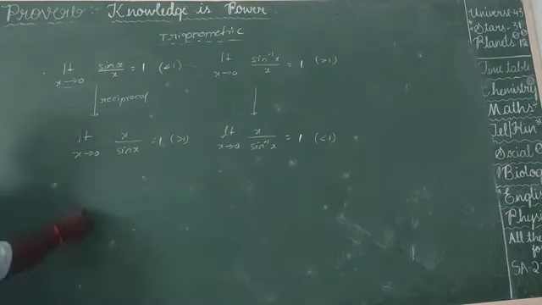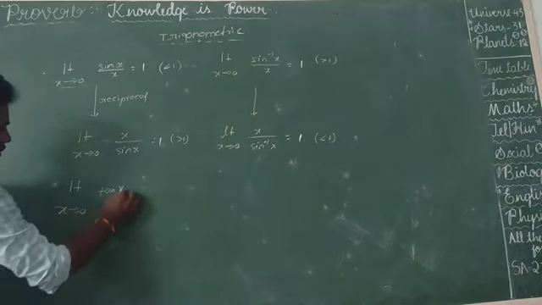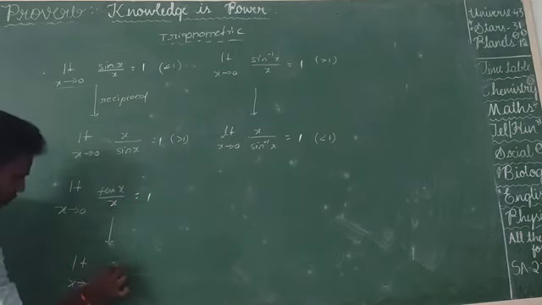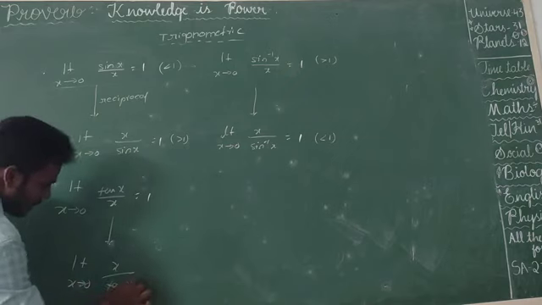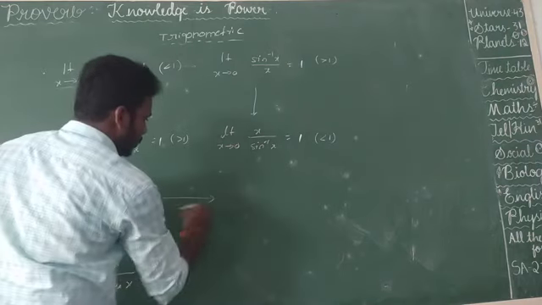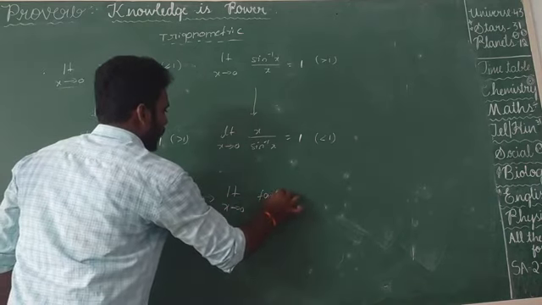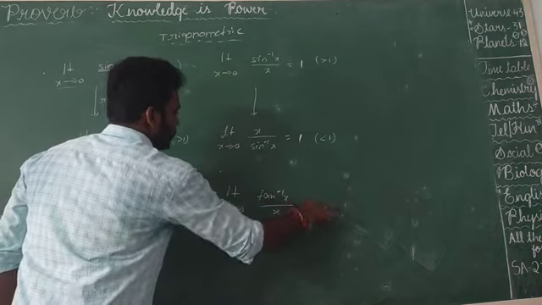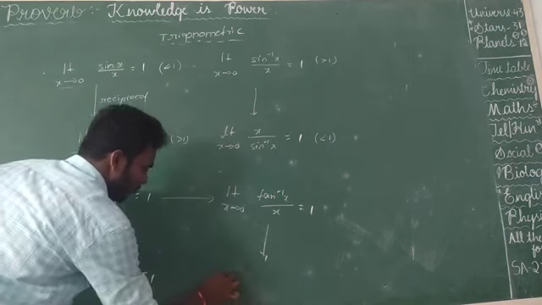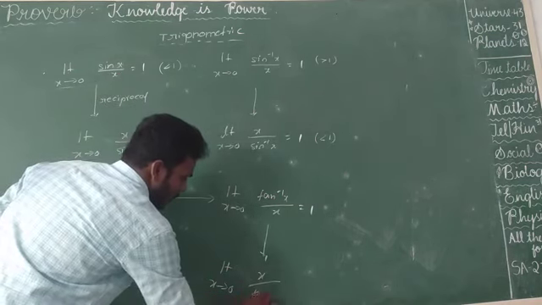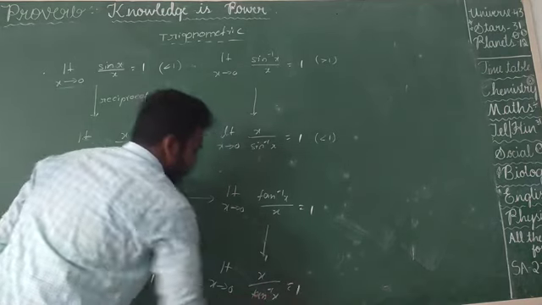Okay. In a similar way, limit x tends to 0, tan x by x is 1. This reciprocal value, limit x tends to 0, x by tan x is also 1. This inverse value, limit x tends to 0, tan inverse x by x is 1. This reciprocal value, limit x tends to 0, x by tan inverse x is also 1.